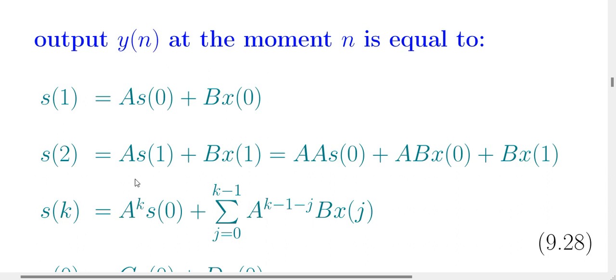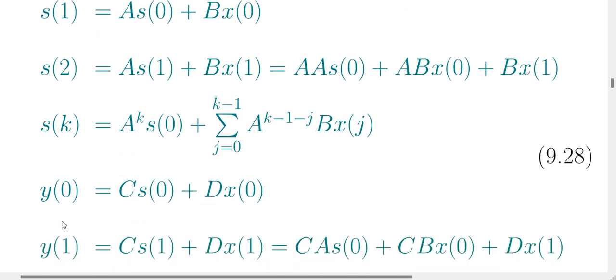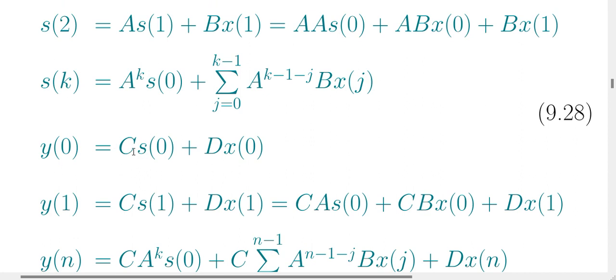S[2] is equal to A times S[1] plus B x[1], which is equal to A squared times S[0] plus AB times x[0] plus B times x[1], and S[k] will be equal to A to the power of k times S[0] plus the summation from j equals 0 up to k minus 1 of A to the power of k minus 1 minus j multiplied by B times x[j]. And y[0] is equal to C times S[0] plus D times x[0].